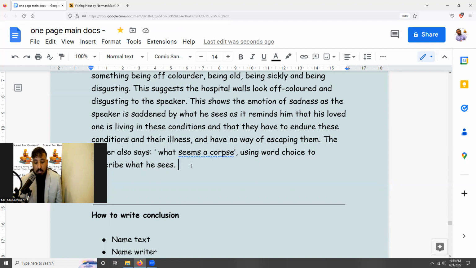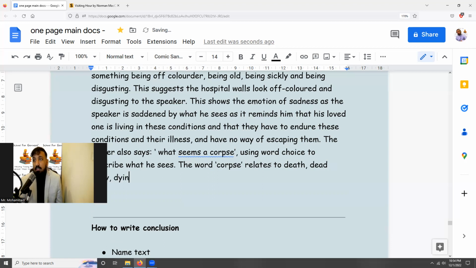Now, what I'm going to do is, again, basic word choice, the word corpse. Here we go. The word corpse relates to death, dead body, dying, and passed away. Okay, and again, this is just basic word choice.